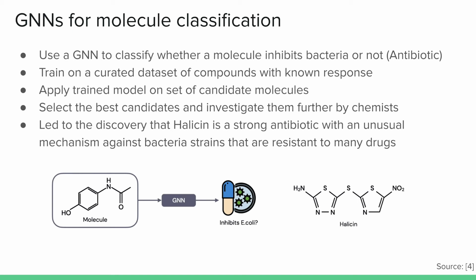And this procedure actually led to the discovery that halicin is a strong antibiotic with a very unusual mechanism against bacteria strains that are resistant to many drugs. It made headlines as "AI helps to discover new antibiotics." But now that you know about this, you know how it came about and what's actually underlying here.